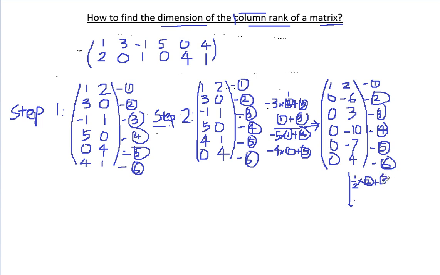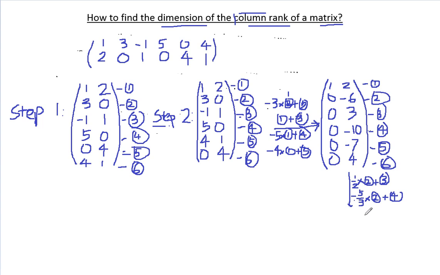To eliminate this one, it's minus 5/3 times row 2 plus row 4.